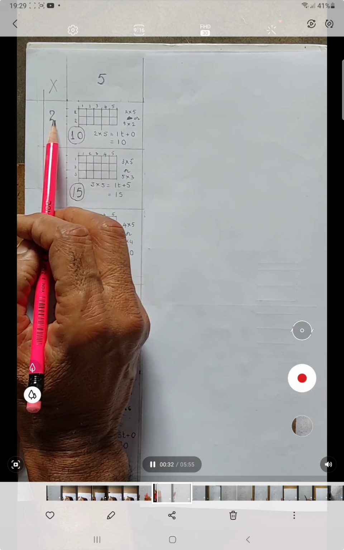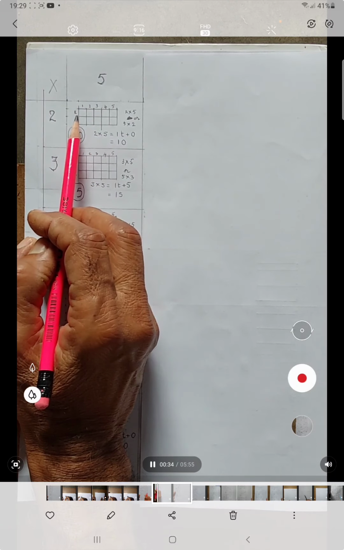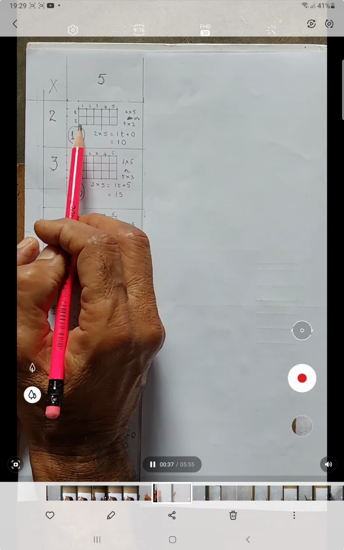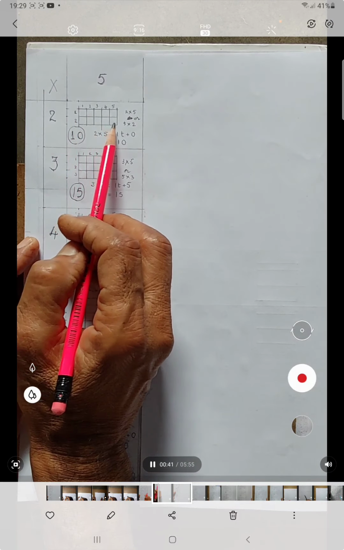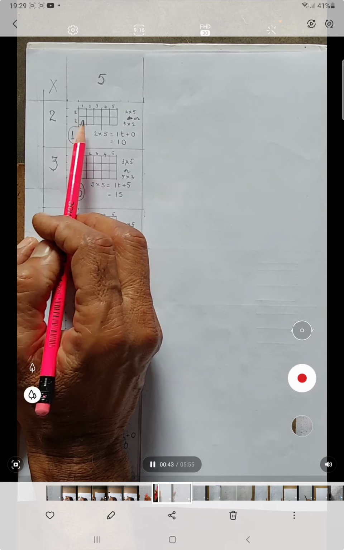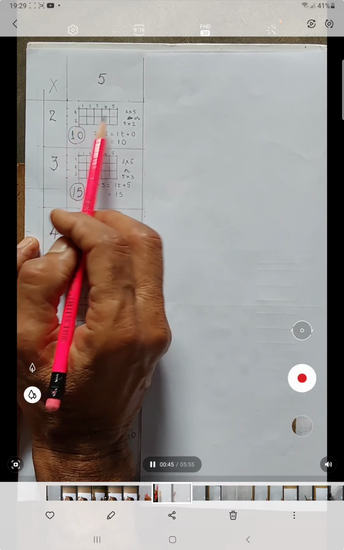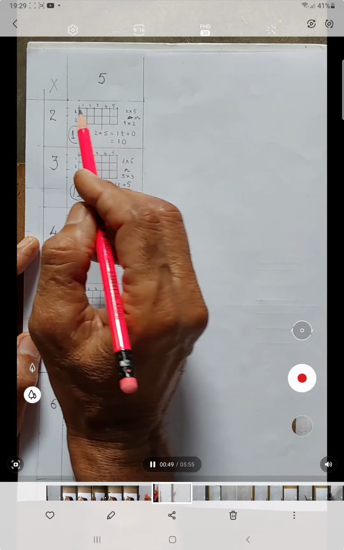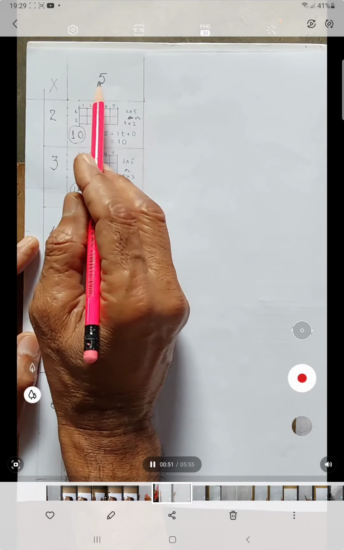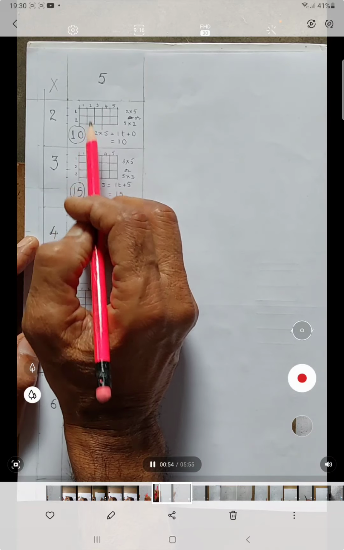And if you want 2 times 5, that is first 5, the second 5. So we have 2 5s in 2 rows next to each other, and together they add up to 10. But we can also see this 2 times 5 from the columns point of view.